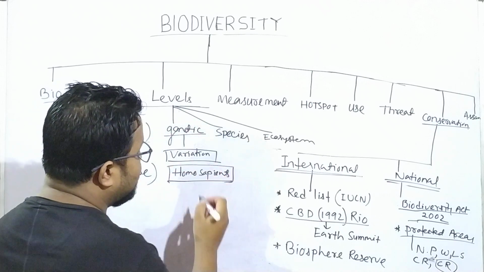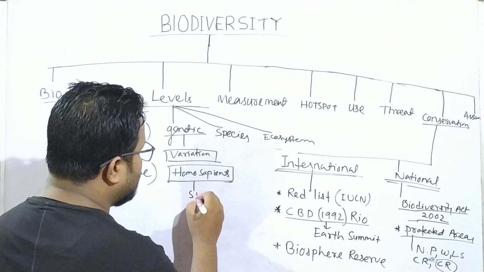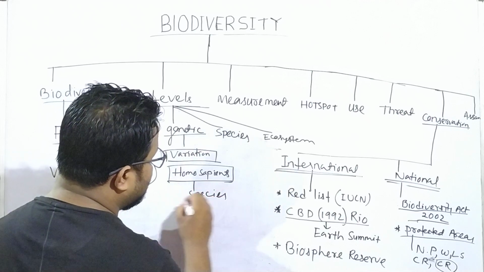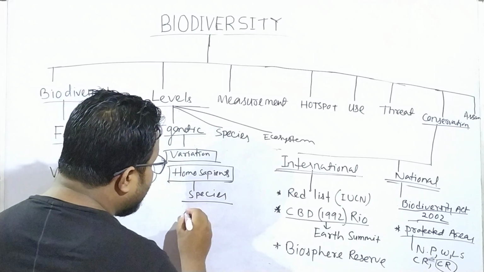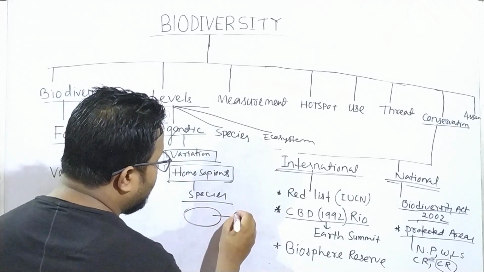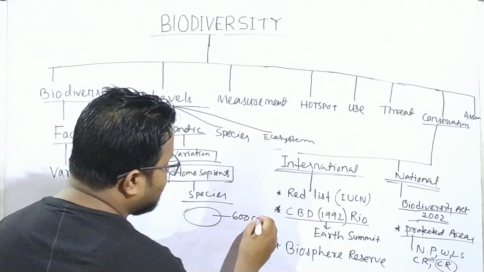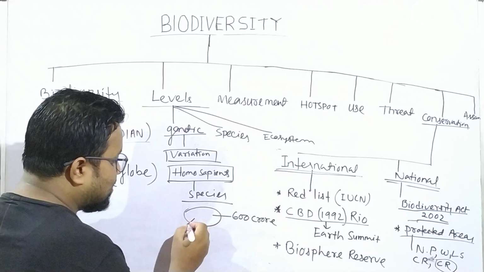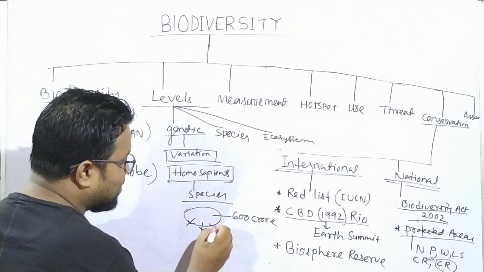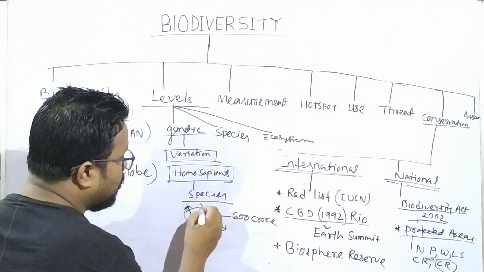I am considering Homo sapiens, which is a species. Suppose across the world we have 600 crore population. These 600 crore are called individuals.